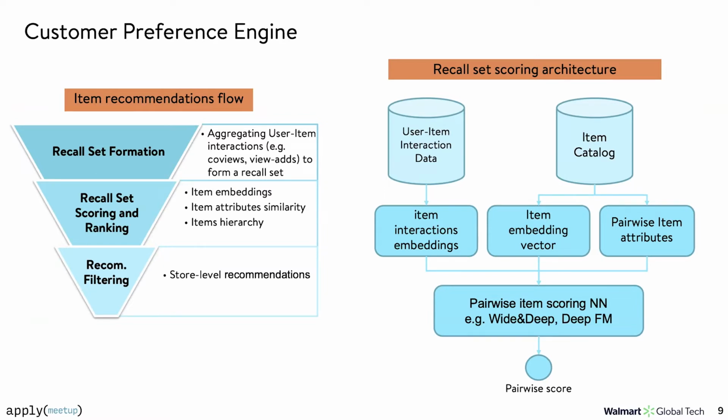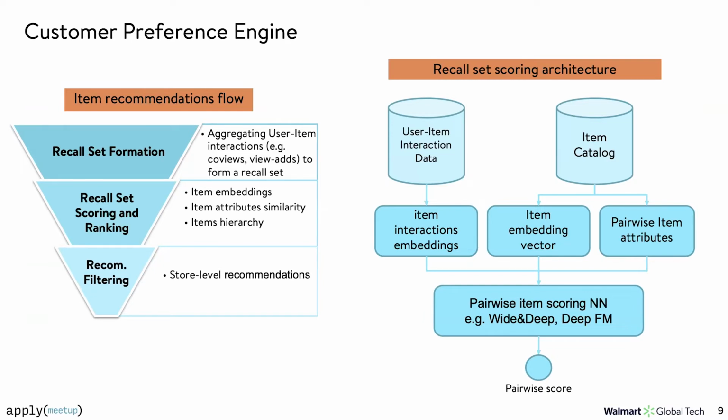If you look at the left-hand side picture, we are able to gather the recall-related information by using the user-to-item interaction data, for example, the items which are viewed and also added to the cart.